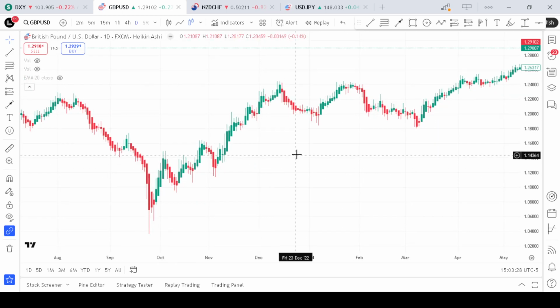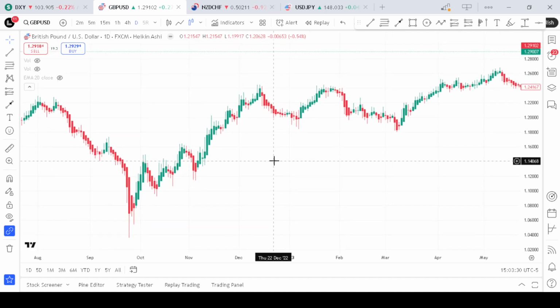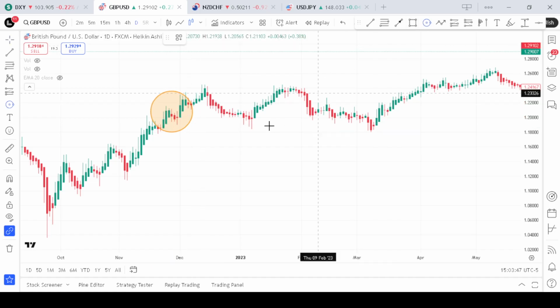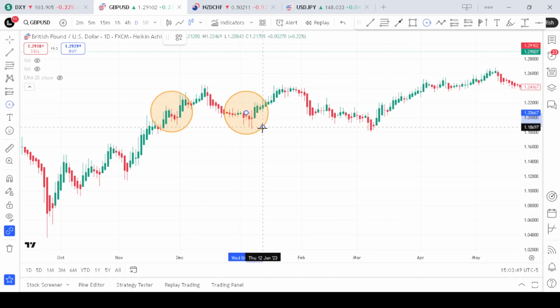Then there is the indecision candle, which has a small body with long wicks on both ends. Those are the indecision candles. This is an example of an indecision candle: small body with long wicks at both ends. In this area too, these are indecision candles.